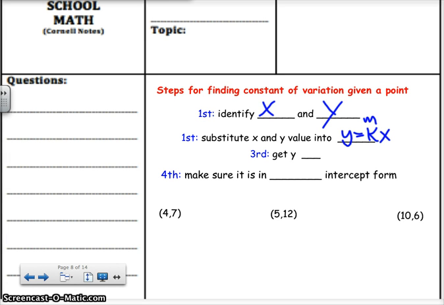It's the same thing as mx. It's just we use k when it's only proportional. This should be get k alone, because that's your constant of variation or your slope. And then make sure it is in slope-intercept form. Y equals mx or y equals kx.